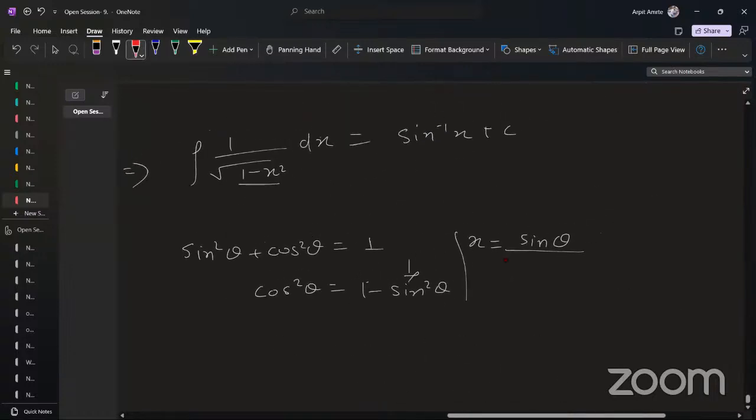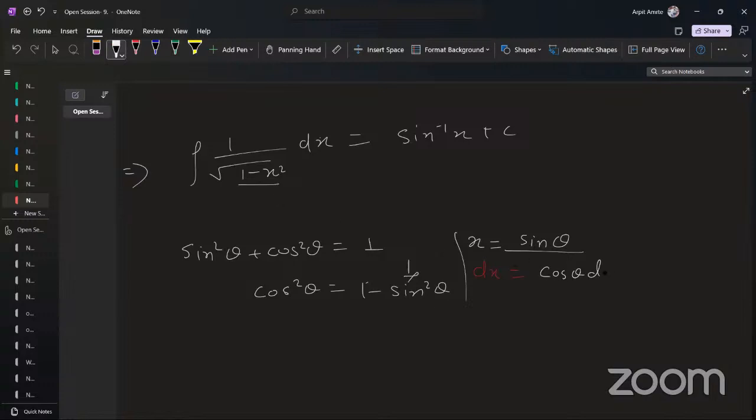So if I put x equals sin theta, then what will be my dx? Cos theta d theta. Now substitute here. What will you get? We will get cos theta d theta divided by under root of 1 minus sin square theta.